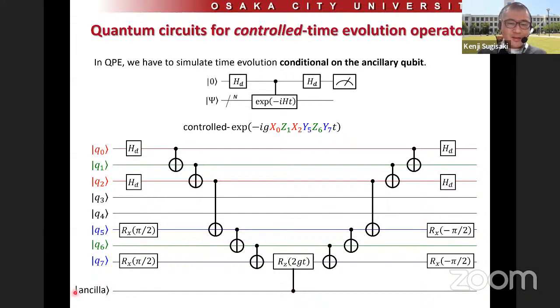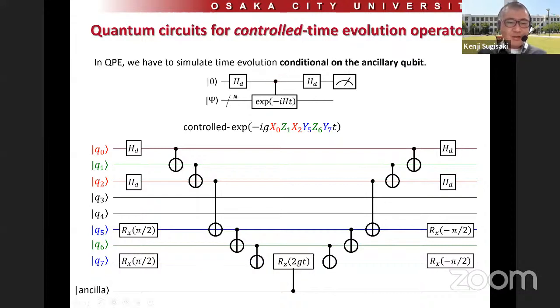So if the ancillary qubit is in the 1 state, apply the original time evolution operator. And apply nothing if the control qubit is in the 0 state.